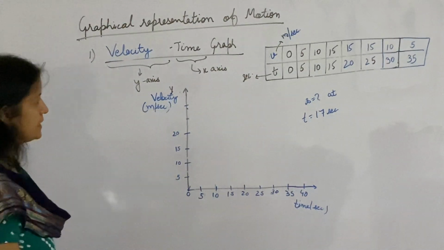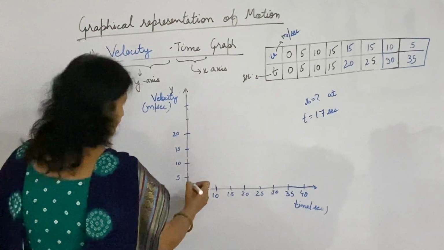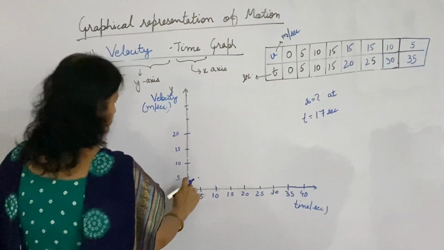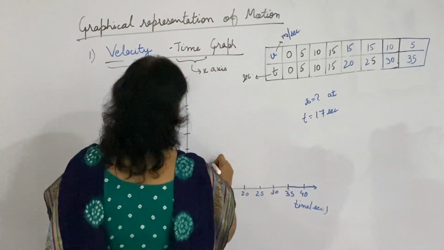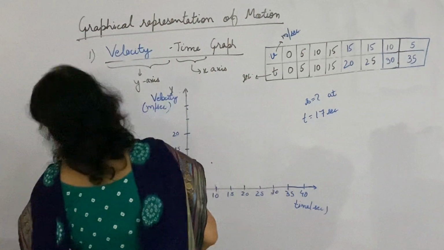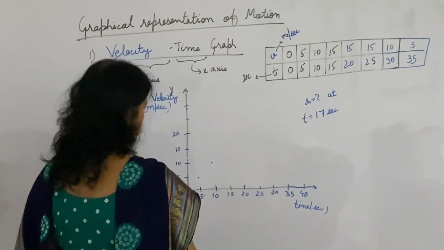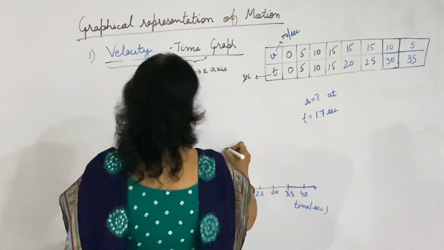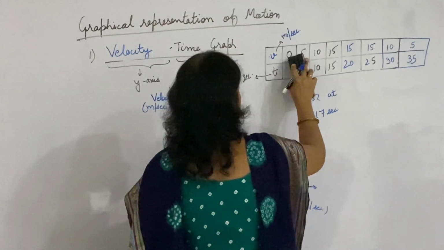At 0 time velocity is 0, at 5 velocity is 5, at 10 velocity is 10, at 15 velocity comes out to be 15.